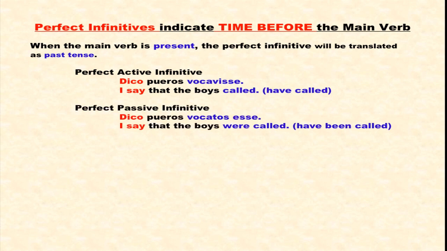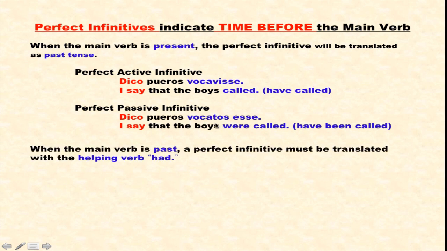Dico pueros vocatos esse. I say that the boys were called, as in have been called. Notice in this infinitive where I have the participle and esse, the participle part has to agree with its subject. So that's why it's vocatos. Pueros vocatos esse.